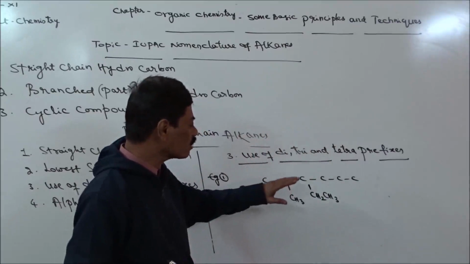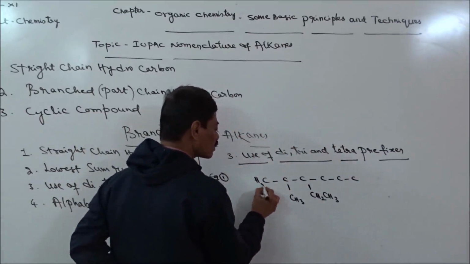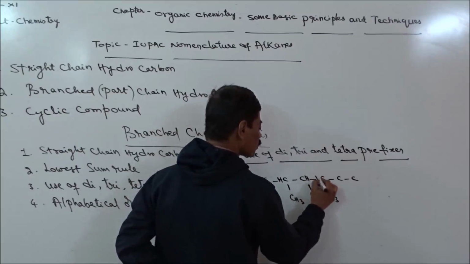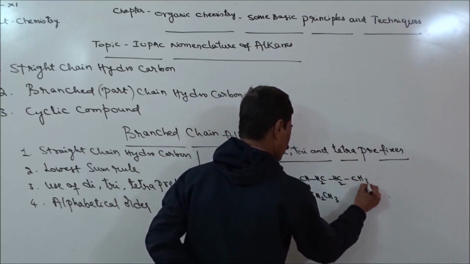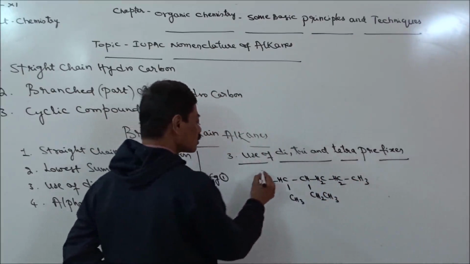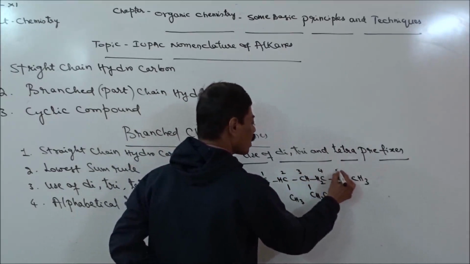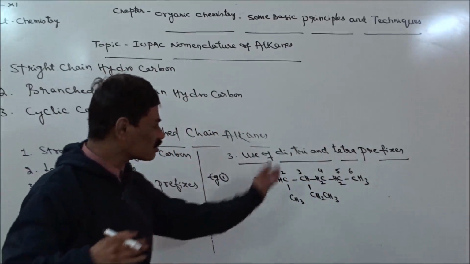These alkyl groups can be shown above the carbon atoms also. Now to satisfy the valency, I am adding hydrogen atoms. Now if we give numbers 1, 2, 3, 4, 5, 6, see, a long chain hydrocarbon is there and branches are also there.